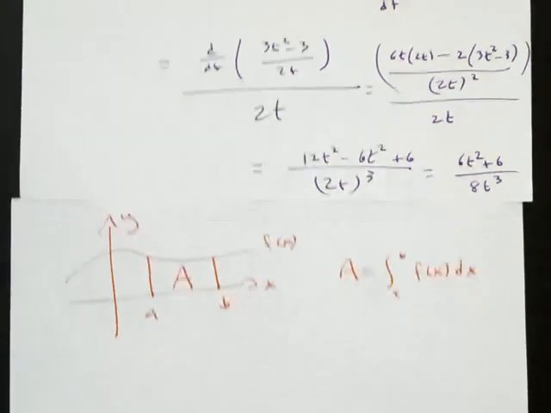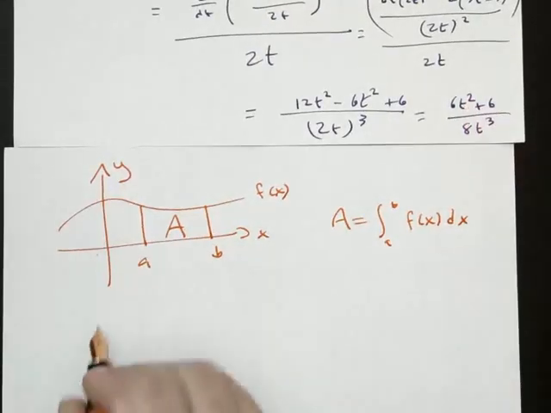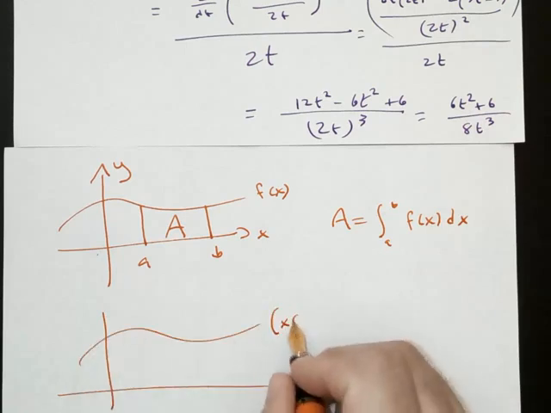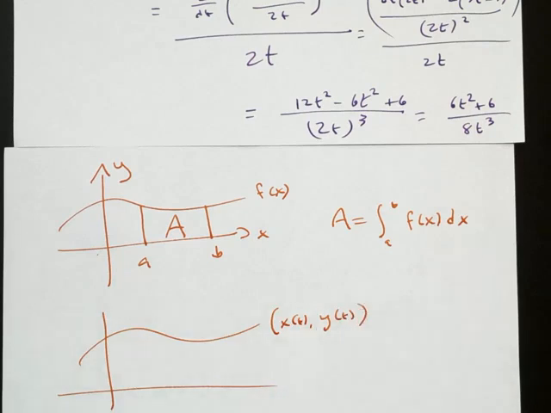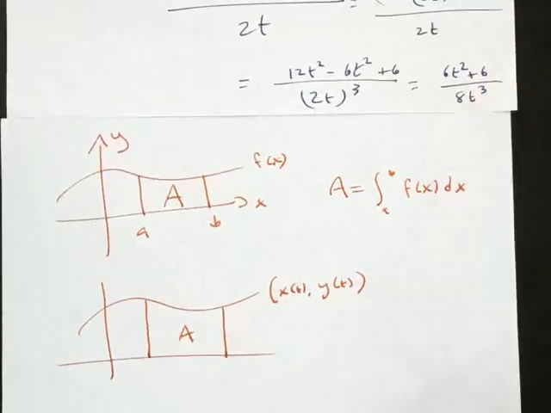So if our curve, instead of being described in terms of x, is described parametrically, then when I'm drawing that equation, I'm figuring out this value down here.